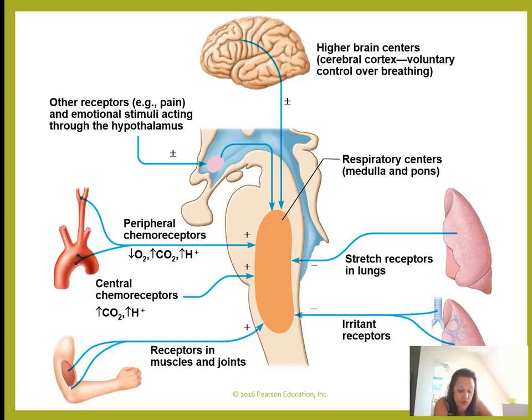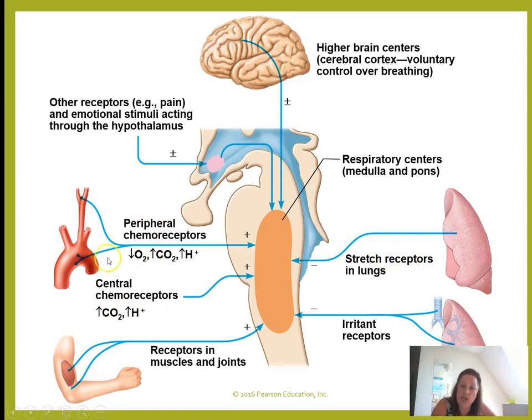Other things that factor in are going to be things like receptors in the muscles and joints, and irritant receptors. Say something gets in and you cough, right? That's an irritant receptor. Then there are stretch receptors of the lungs. Maybe you'd have a big yawn, but you won't overinflate because of the stretch receptors.